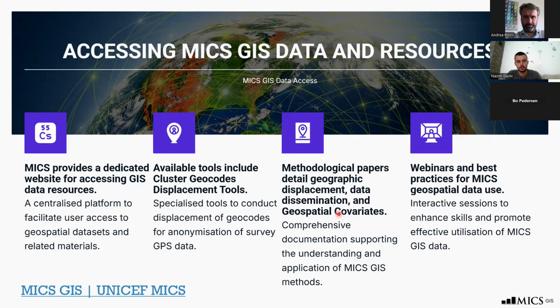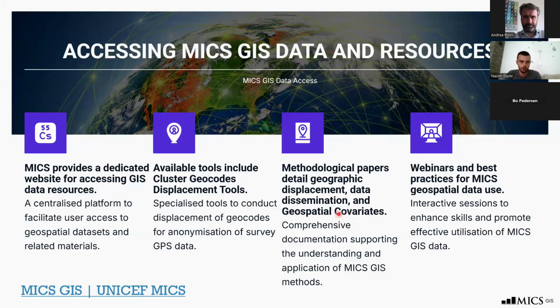On this MICS GIS webpage, there is a dedicated space for all the geospatial work conducted in MICS. There you can find the MICS GIS tools, the methodological papers that we have published so far, the manuals on how to use the tools, and some webinars and best practices of using MICS GIS data.